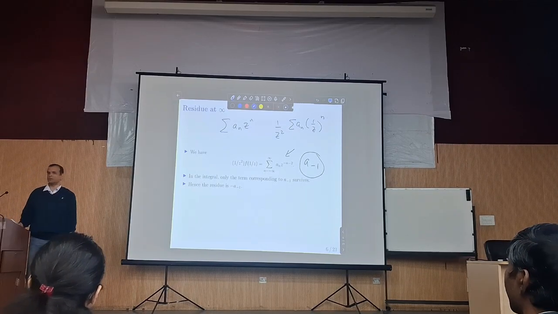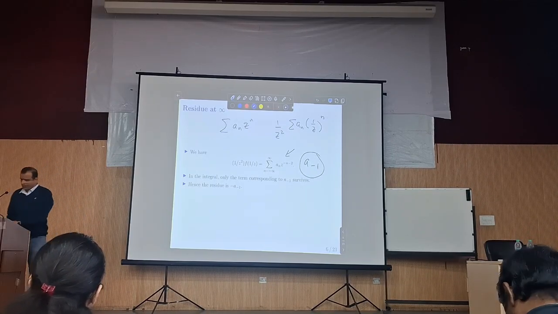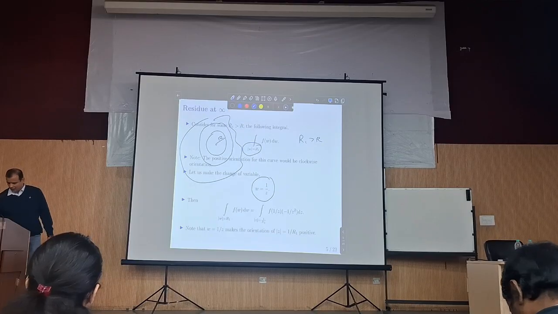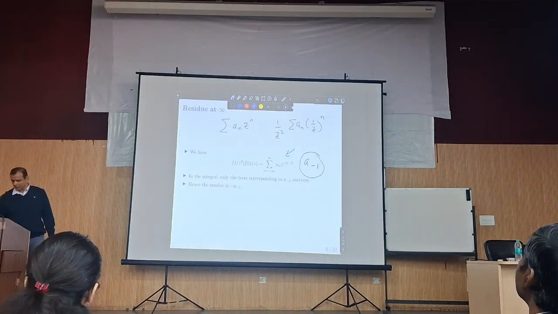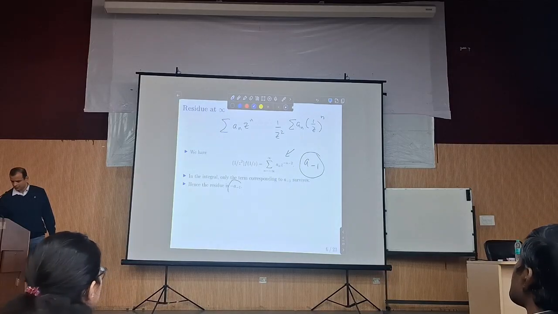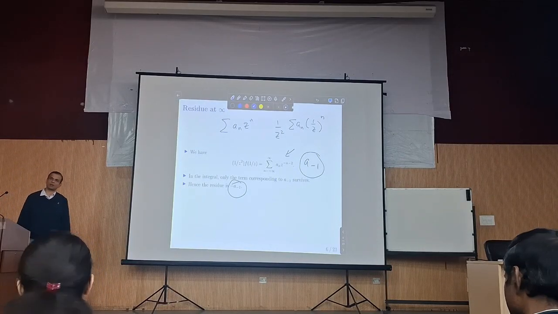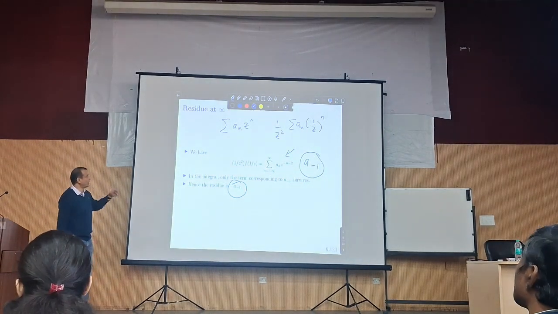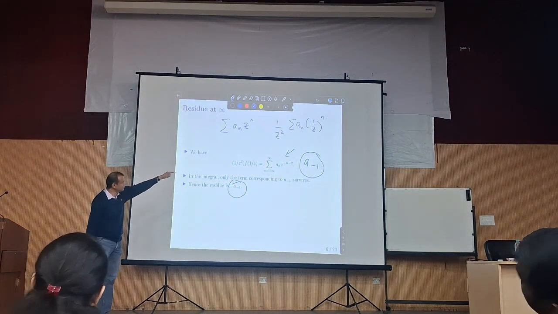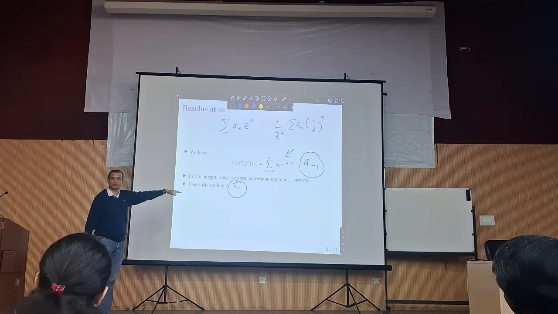But that's not the residue, right? Why? Because if you see here, there is also a minus sign. So therefore, the residue is minus a_minus 1. So therefore, my point is this, that this is the motivation for why we define this to be the residue.